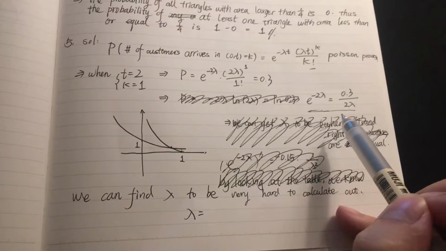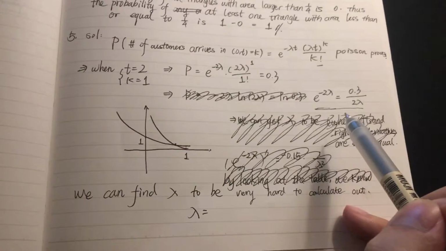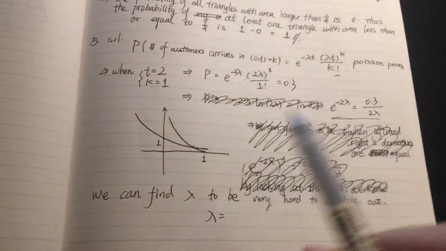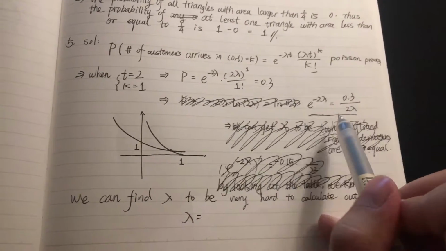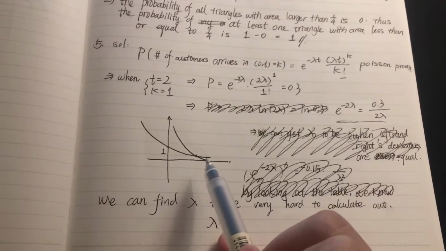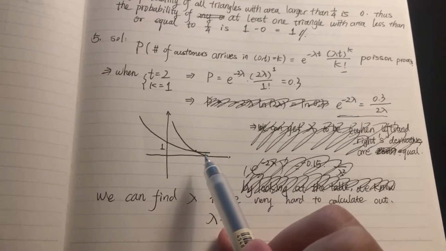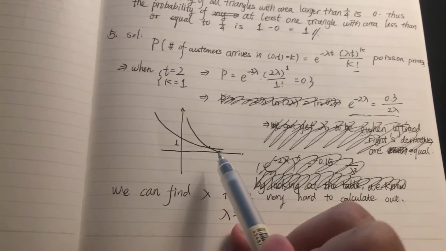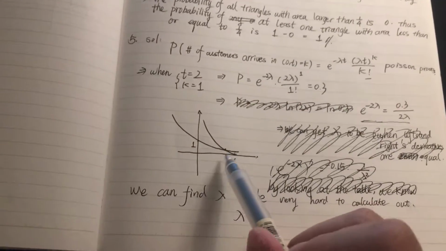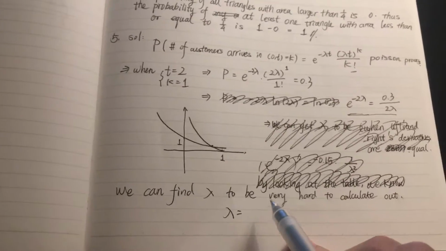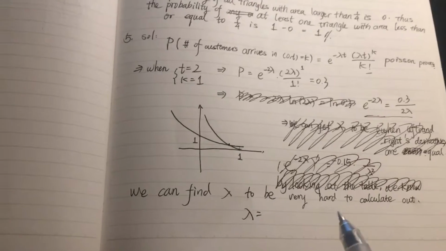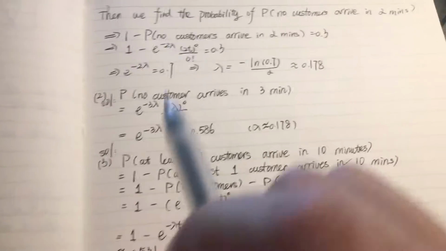I tried very hard to find the solution of this equation, which can also be illustrated by these two different functions on both sides, where the crossing point should be the point where we can find the value of lambda. But unfortunately, this is very hard to calculate or solve, so we have to look at it in a different way.